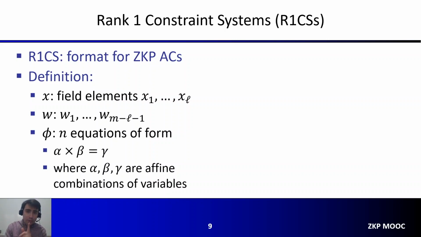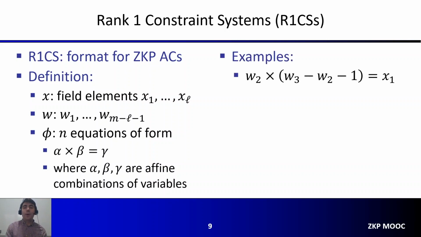So let's look at a few examples of constraints that do and do not have this form. Our first example is W2 times (W3 minus W2 minus 1) is equal to X1. This is a constraint that does have this form. Alpha is just W2, beta is W3 minus W2 minus 1, and gamma is X1.